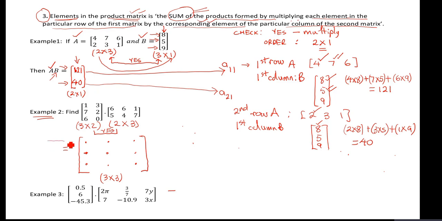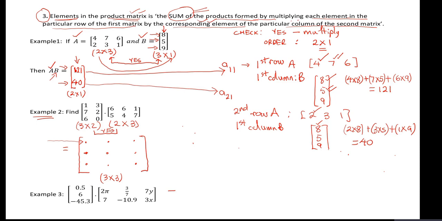How do we find that first element there? In the answer, where does it stand? In which place does it stand in the matrix? It's in the first row and first column. And you always indicate rows first. So it's first row, first column.